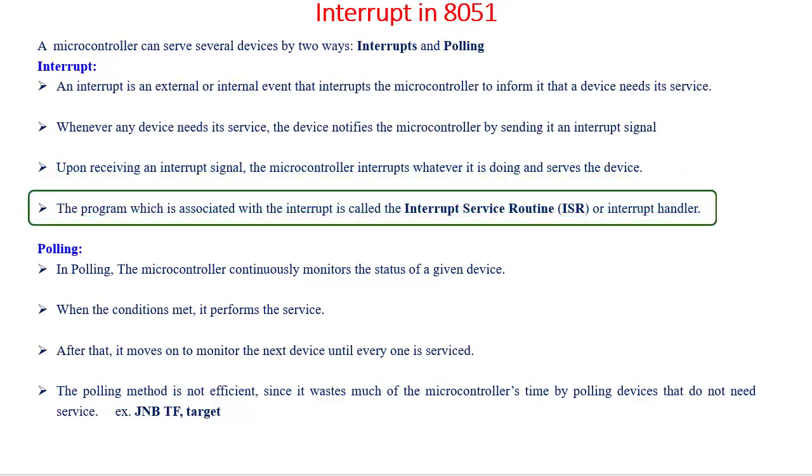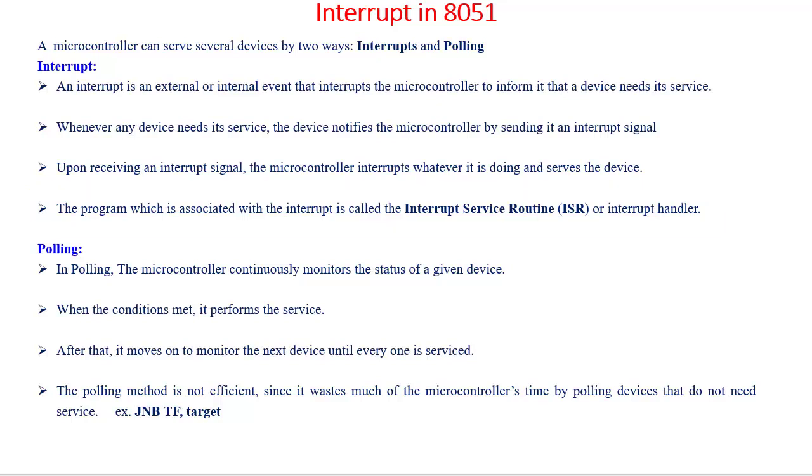What is to be done by the microcontroller when an interrupt occurs is written into a particular program. It is called the interrupt service routine. The program which is associated with the interrupt is called the interrupt service routine or interrupt handler. So this is what an interrupt is.